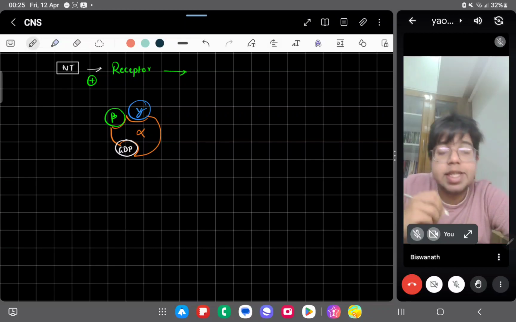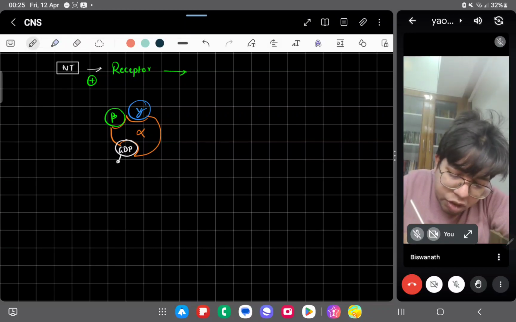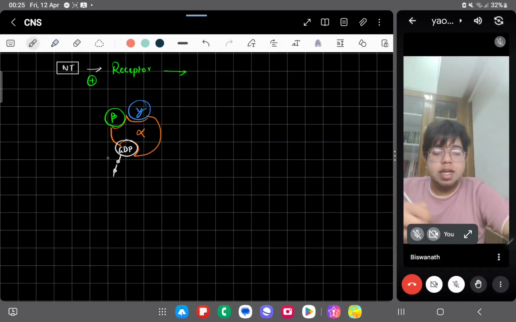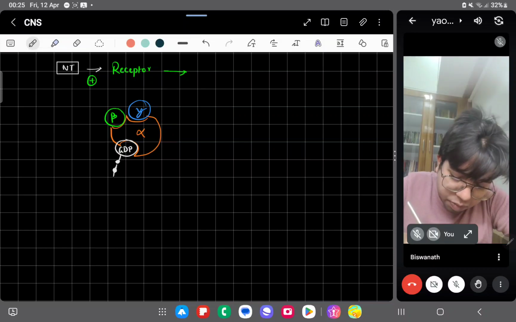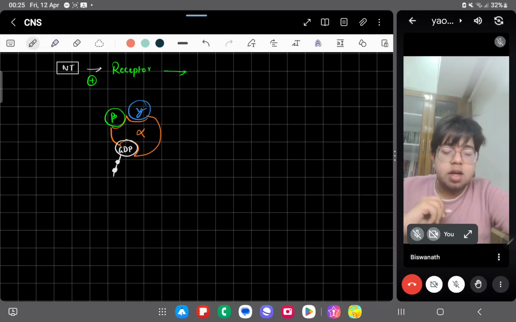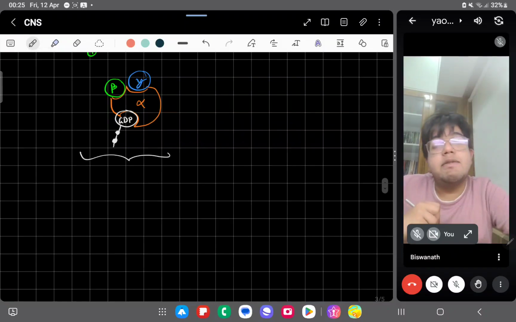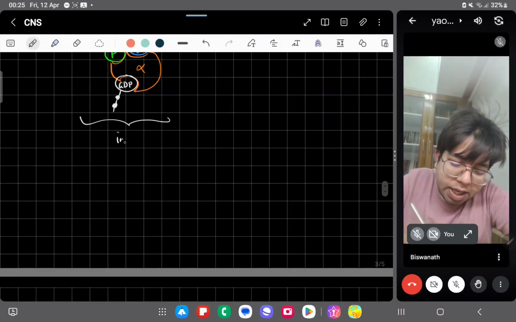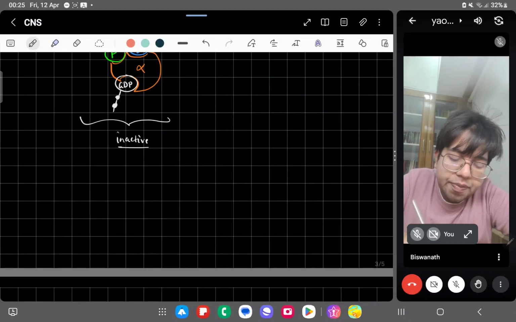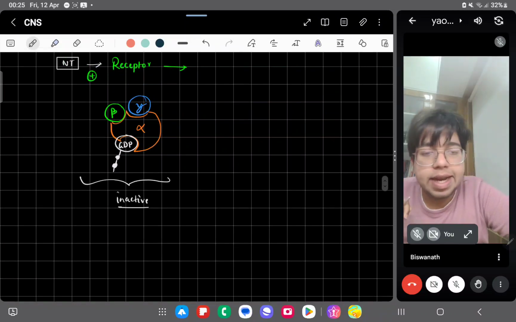GDP will have two phosphates, so let me show you the two phosphates like this. This is your GDP, correct? Is this inactive or active? This is the inactive complex.